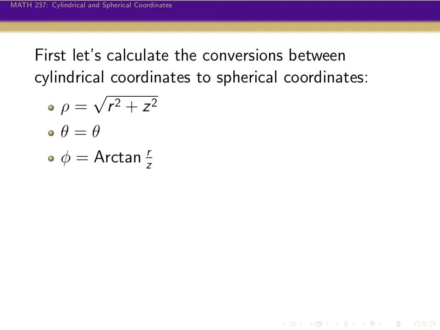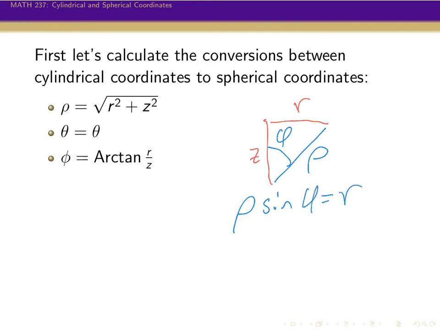Okay, now going the other way, so what if you have rho and there's r, that's z, and that's phi again. And so this is the triangle that we saw before. So now we can use the fact that r is opposite of phi, and so rho times sine phi is going to give us r.